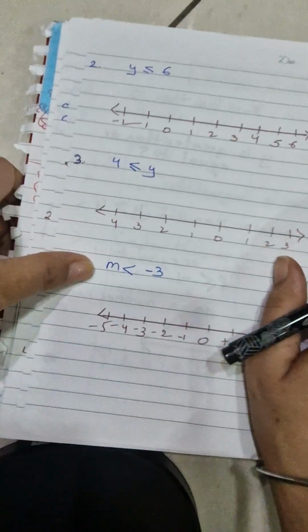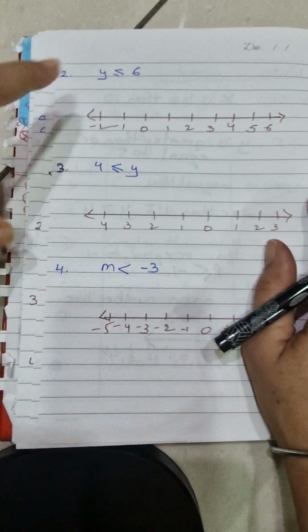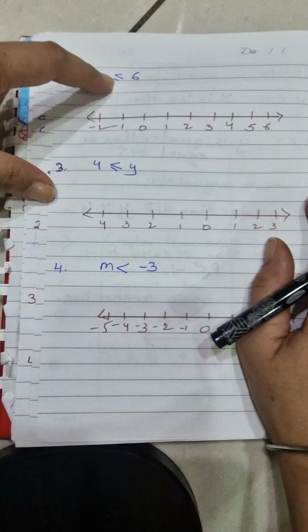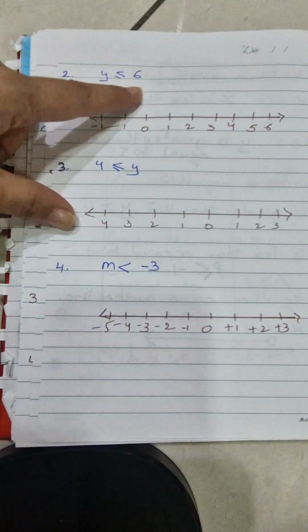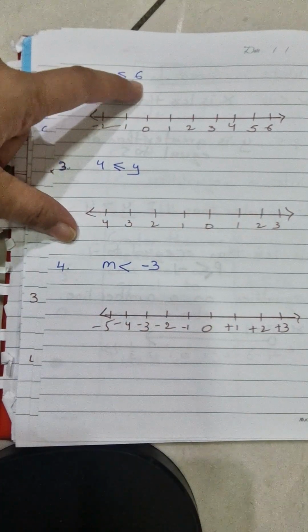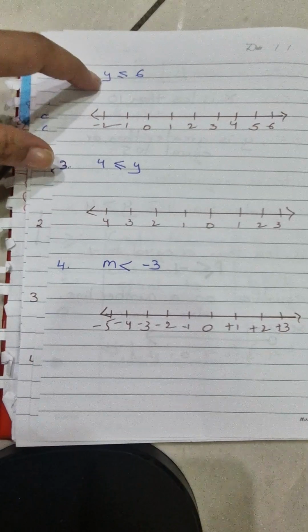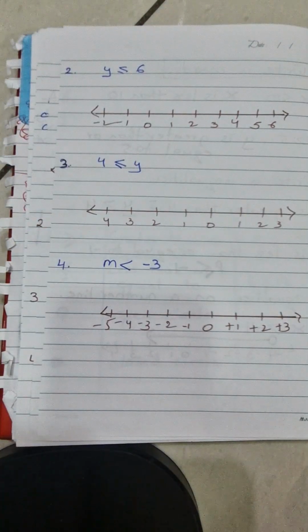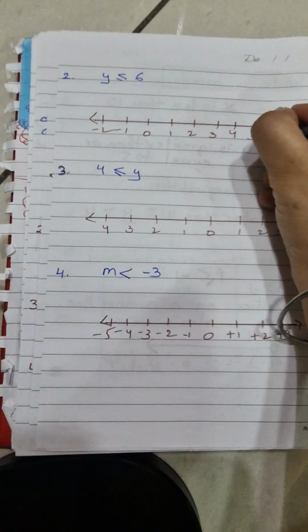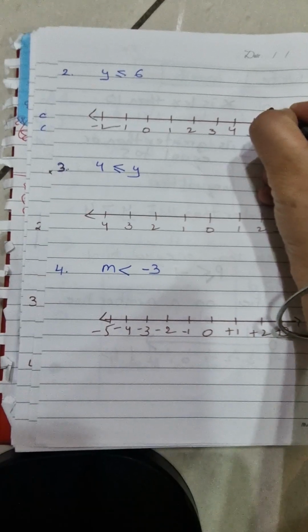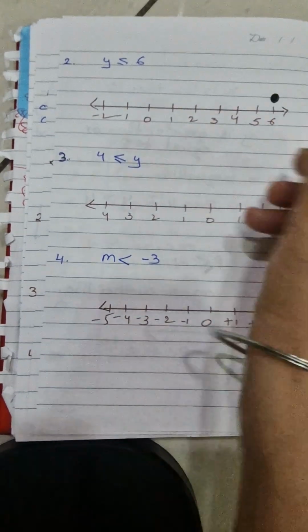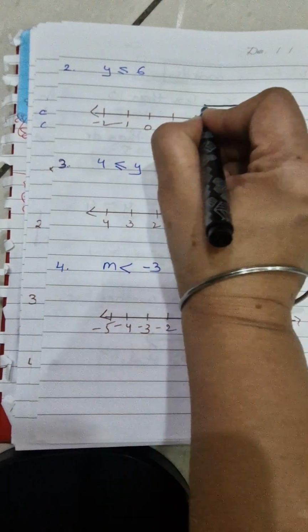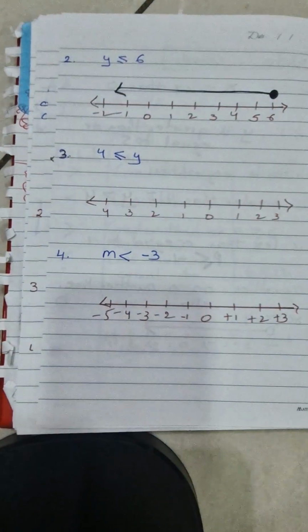If I say y is less than or equal to 6. Now when your symbol is coming like this, you will draw the closed circle on top of this number. Because y is less than, the number line will go towards left. So I will draw the closed circle here, and I will draw a line towards left.